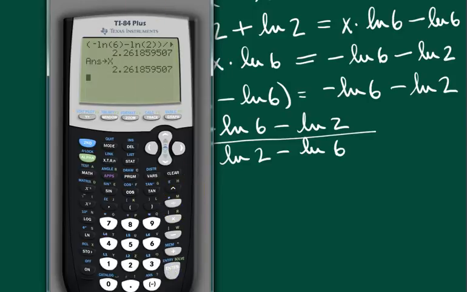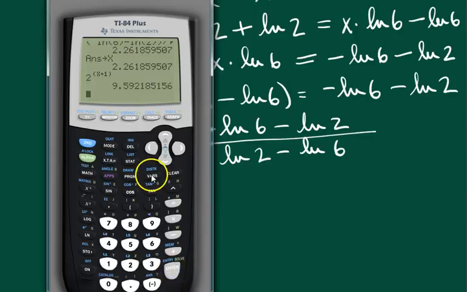Okay, now I need to look back at my original equation, which said 2 to the x plus 1. So 2 raised to x plus 1. Okay, and this is what x is.